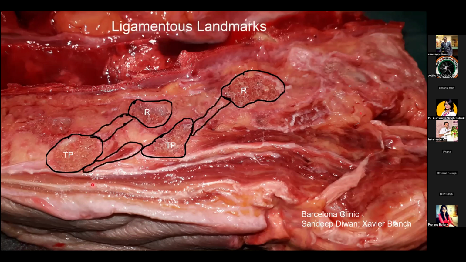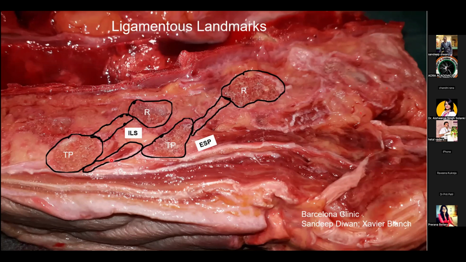So when you have these structures in place, you'll find that this is the erector spinae plane, which is deep to the erector spinae muscle, and this is the intertransverse space, or the interligamentary space, which is between the two ligaments.